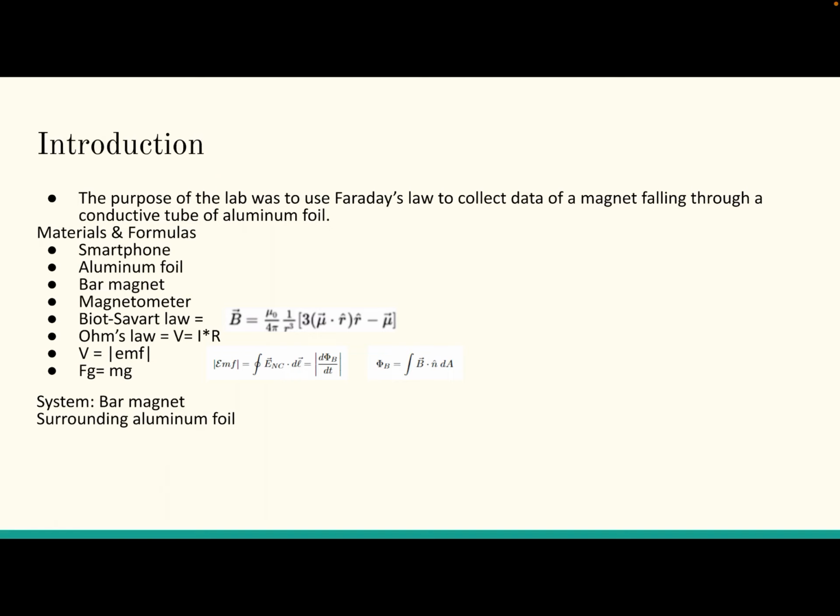And in this area, the system was the bar magnet, and the surrounding was the aluminum foil. Also important to mention is to include the force of gravity in this.